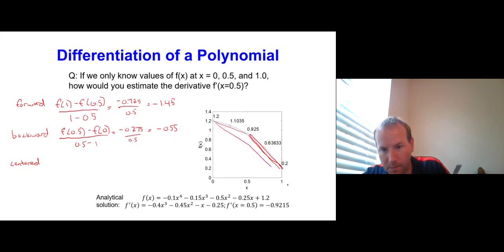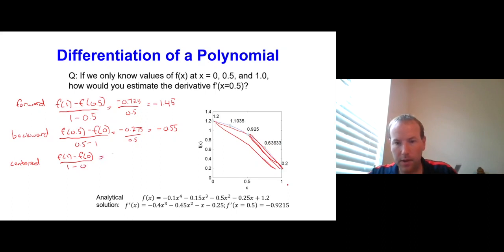And so that is now centered around the original point that we want to know the derivative at. So this would be f of 1 minus f of 0, and notice that's 1 minus 0 because the line goes the whole way across, and so that is given by negative 1 over 1, or a slope of negative 1.